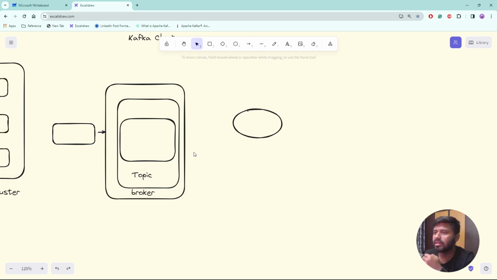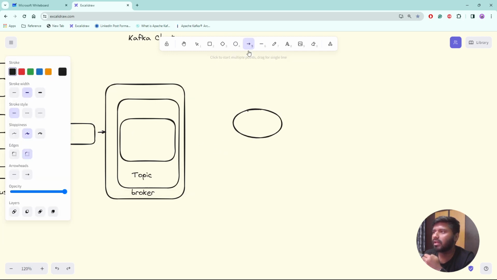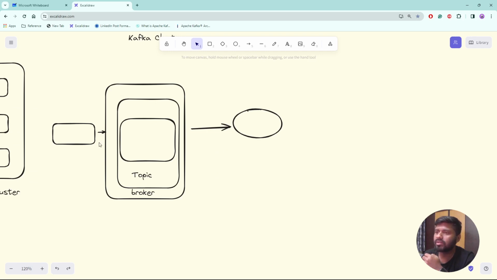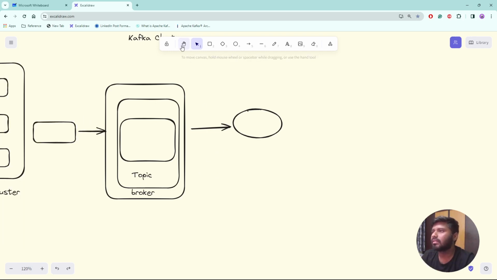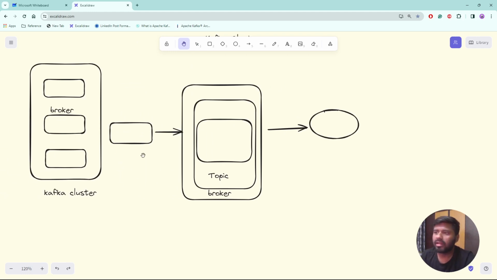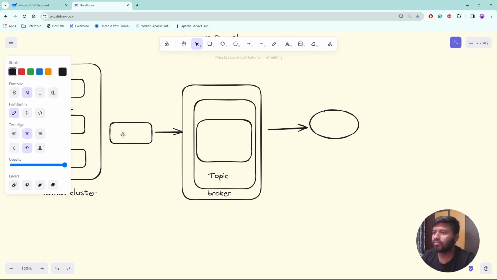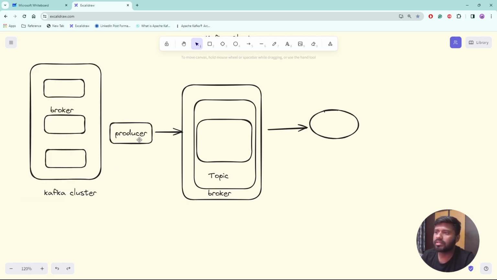So finally, what's happening here? The producer produces certain info, which goes first into this Kafka cluster, and within the Kafka cluster some broker is assigned.